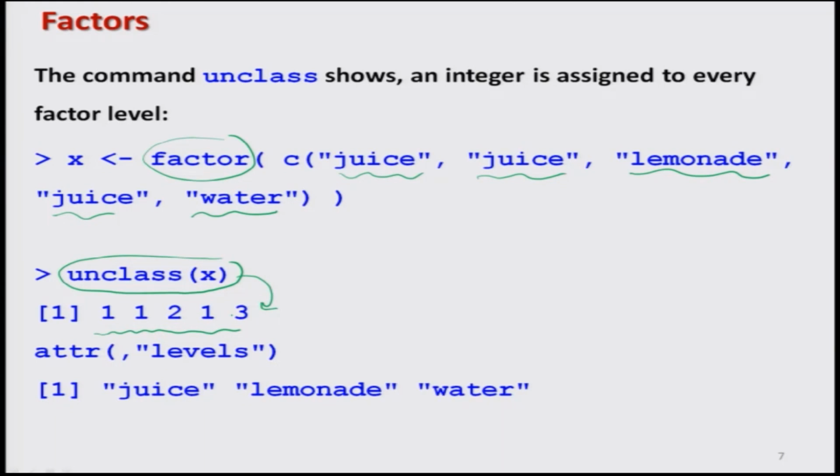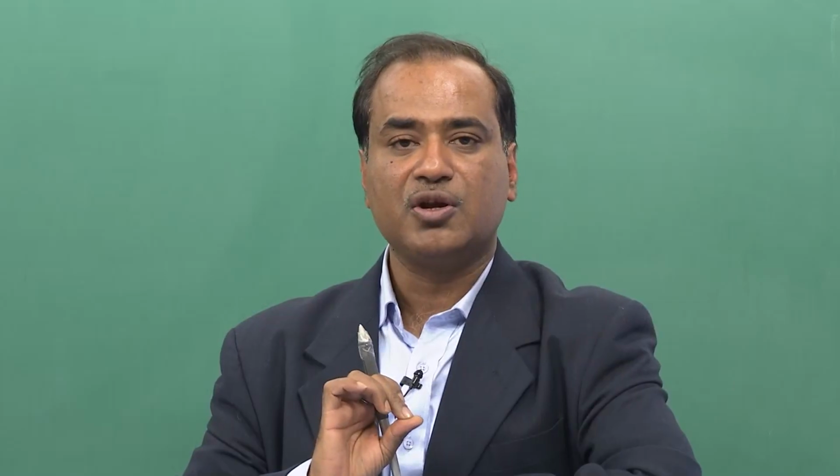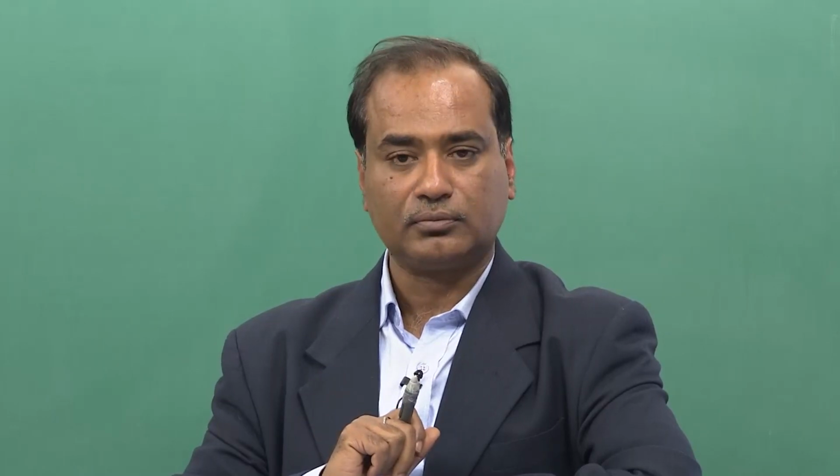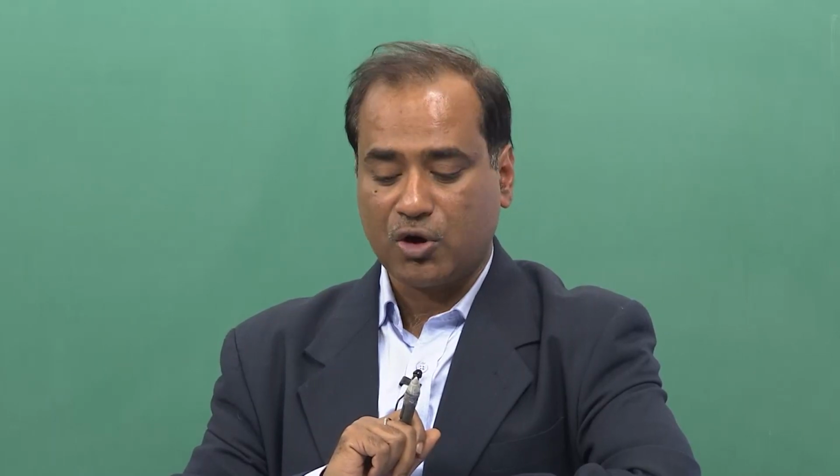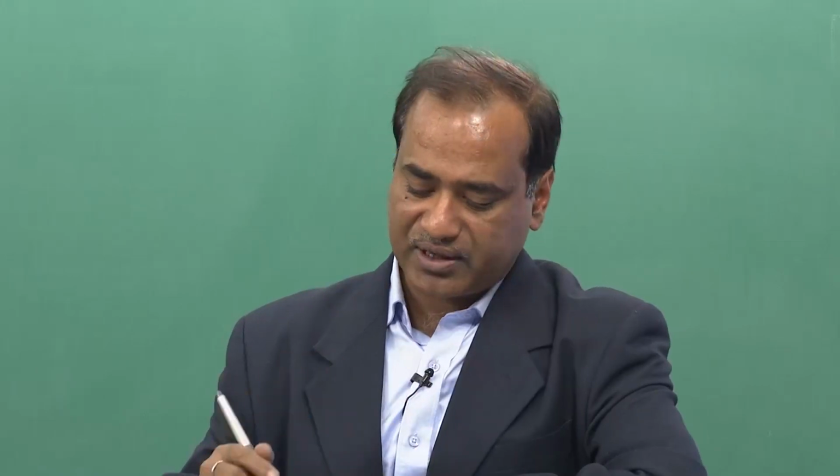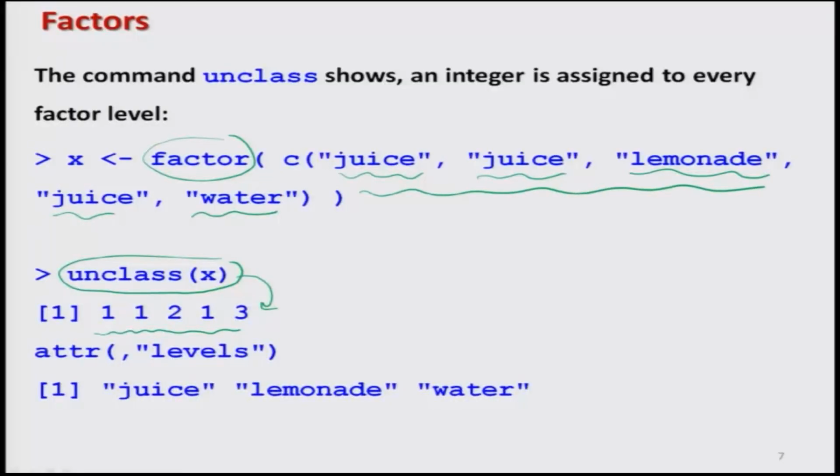And if you try to see what it is trying to do, this is simply trying to go back in the reverse direction from where we started. In the concept of factors, we had done a one-to-one mapping between the string of a character and the numerical values. So, now in this case, we have a vector of strings of characters.